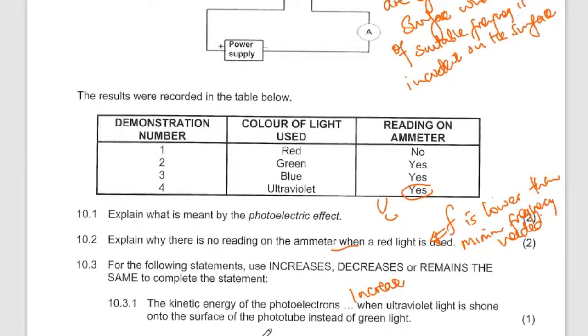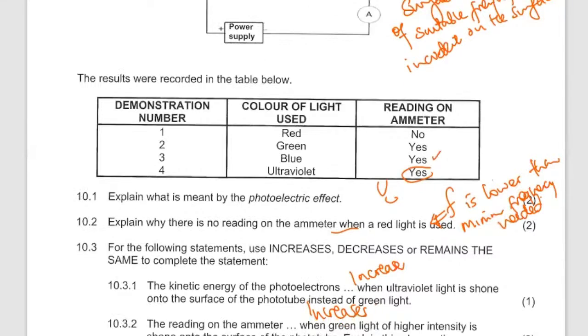Then the reading on the emitter dash when green light of higher intensity is used. Explain the observation. Since the ammeter reading is a yes, it also increases. We need to explain that.